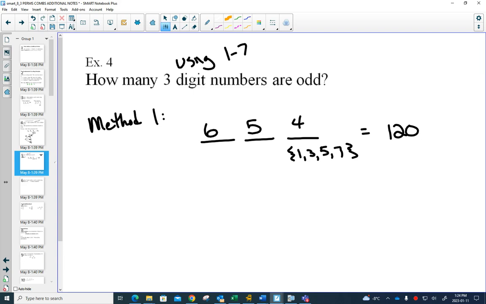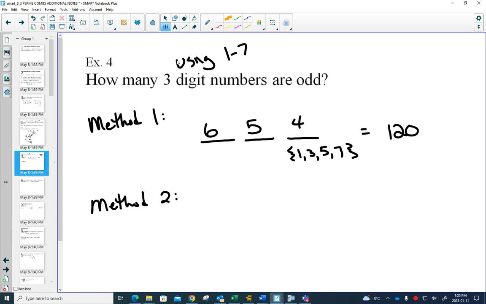So in example 2, in example 3, we counted how many even ones there are. In example 1, we counted all of them. Another way of counting the odd ones: if you had all of them and you subtracted the even ones, what would be left?